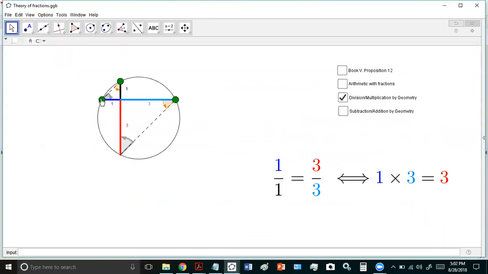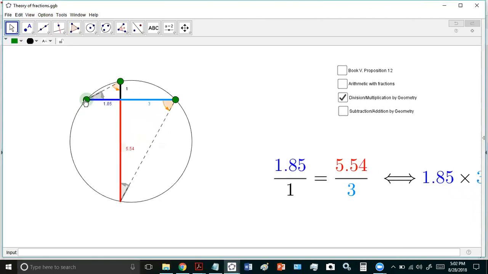So if we, for example, had to look at this construction here, we can see that we've defined division and multiplication in terms of magnitude, right? So we know that, for example, this dark blue line is in proportion to the red line, and the black line is in proportion to the cyan-colored line. And so we always have this identity, no matter what, okay?